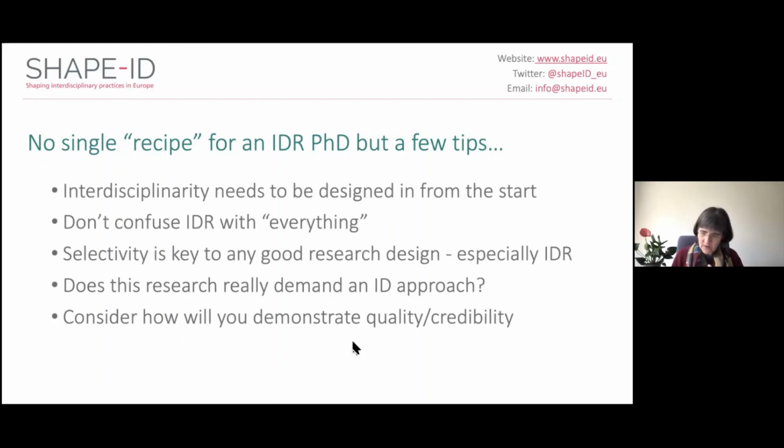So how are you going to demonstrate that you have expertise in this particular area of interdisciplinary knowledge? You will need to be quite robust in justifying your approach, explaining why what you're doing is interesting and relevant, because it may not be self-evident to your supervisors or your examiners, and you need to be quite careful in your choice of both, so that you can be fairly assessed on the quality of your work.